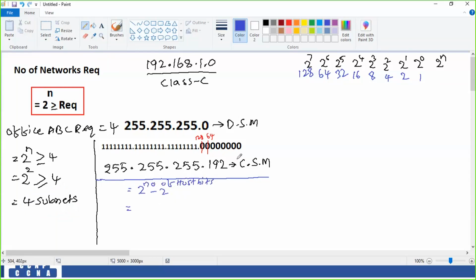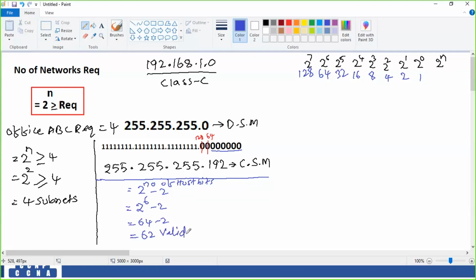How many host bits are left? 6 host bits. So 2 power 6 minus 2. What is the 2 power 6 value? 64. Minus 2 is 62. The number of hosts is 64, and 62 are usable addresses.